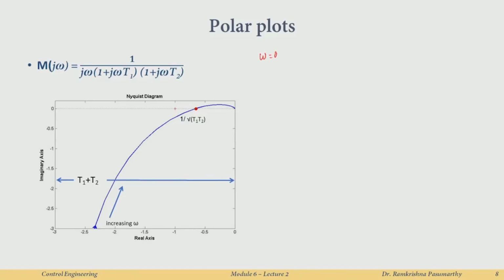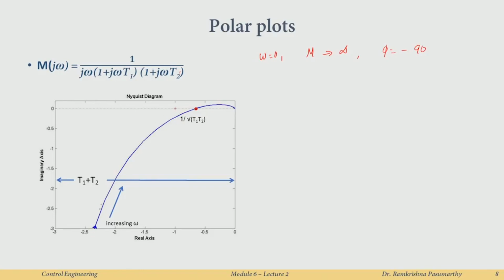When omega is equal to 0, I can easily see that the magnitude M goes to infinity. This factor does not contribute to the angle, this one does not contribute to the angle, and only the pole at the origin contributes, so phi is minus 90. It's similar to what we had in the second example, right? The magnitude becomes infinity and phi is minus 90.